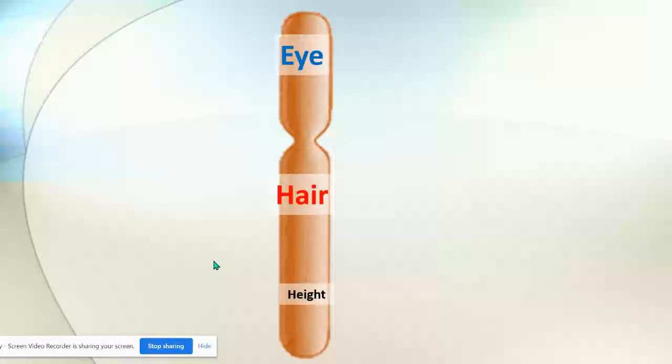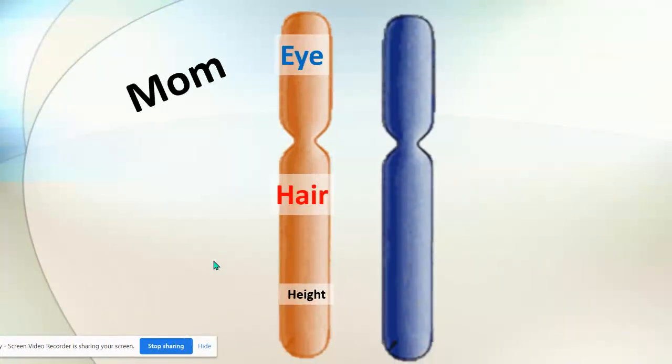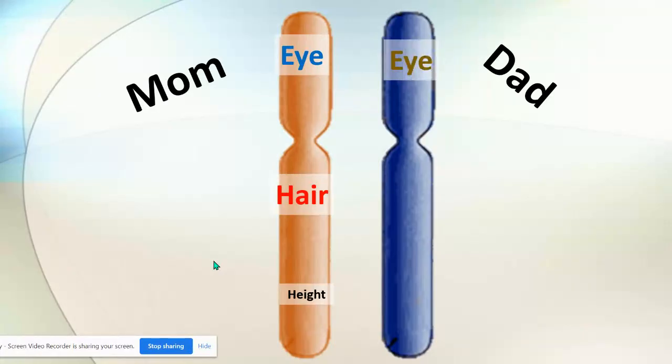So here, say there's a chromosome that I inherited from my mother that says you're going to have blue eyes and red hair and maybe be tall. The chromosome I inherited from my dad says you're going to have brown eyes, blonde hair, and you're going to be short. And so basically, these two chromosomes are matching.